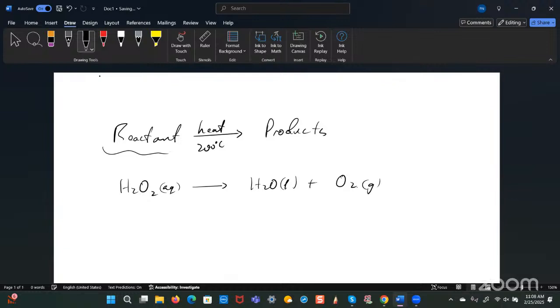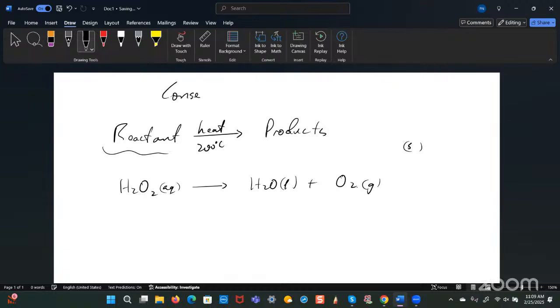So the (g), (l), and (aq) tell you about the state of the substances involved. (aq) means aqueous, (g) means gas, (l) means liquid, and there's another one, (s) means solid. So you might see that also in a chemical equation, which gives you more information about the conditions of the reactants and the products.